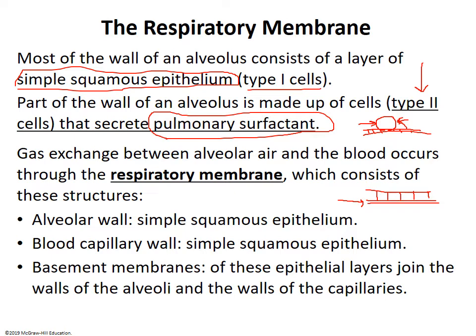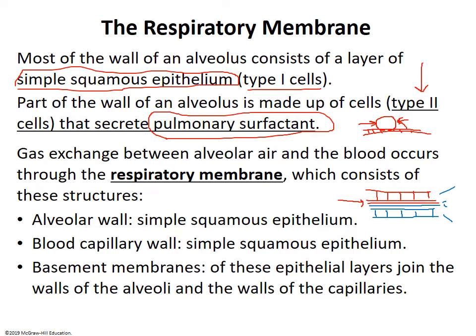I'm going to have another basement membrane right here, and then just on the other side of the basement membrane, I'm going to have another layer of simple squamous cells. I probably should have done these in reverse, but another layer of simple squamous cells which are from the blood vessel. So there are 4 layers: one layer here of cells, and then 2 layers that are the basement membrane. So there are 4 layers of the respiratory membrane.